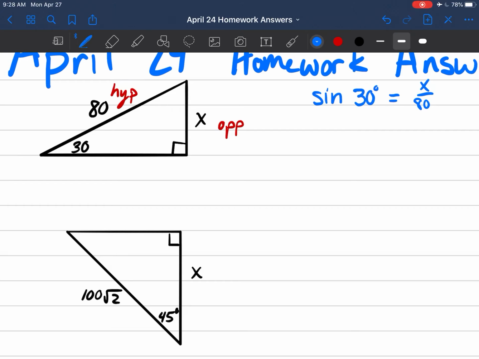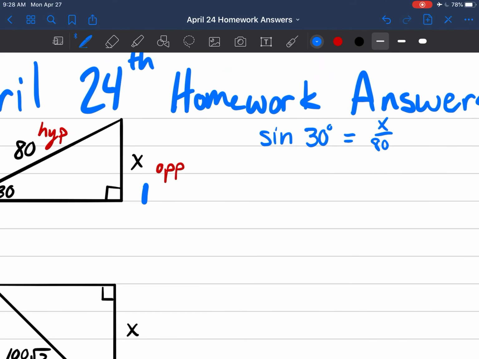So across from the 30 is going to be a 1, and across from the 90-degree angle is going to be a 2. So we're going to use opposite over hypotenuse for those. So 1 over 2. And then bring down the x over 80. So notice how we substituted 1 over 2 because that is the actual value of sine of 30 degrees.